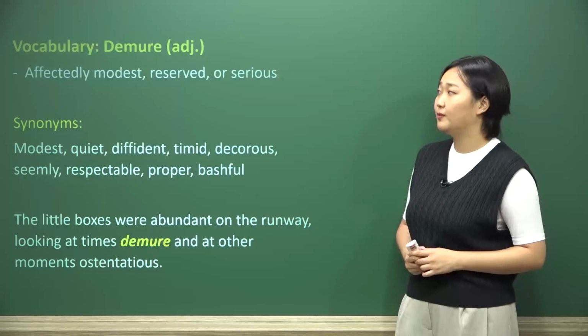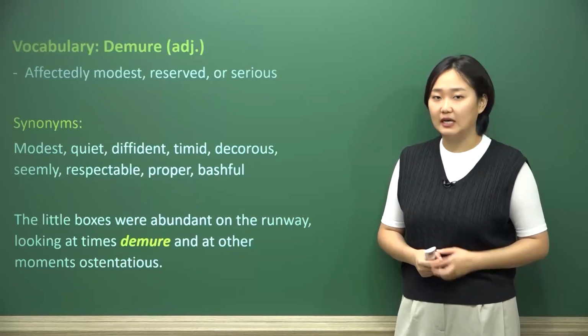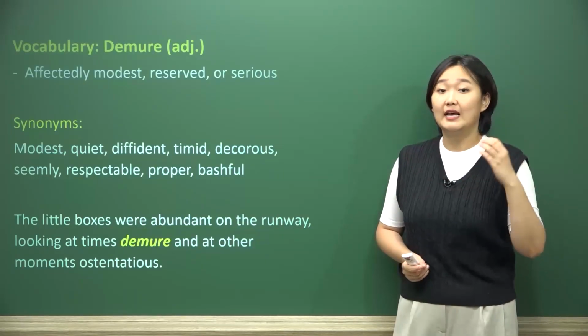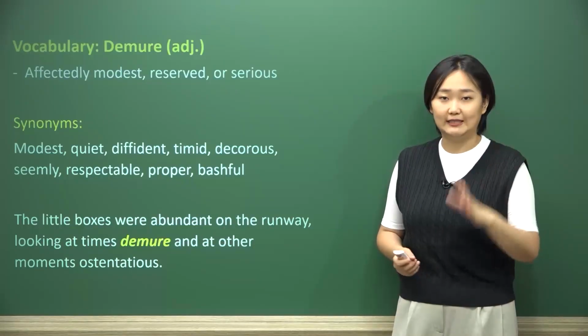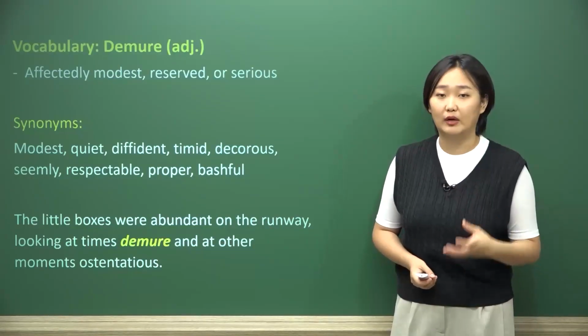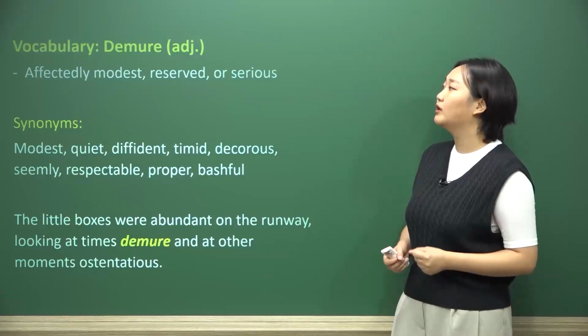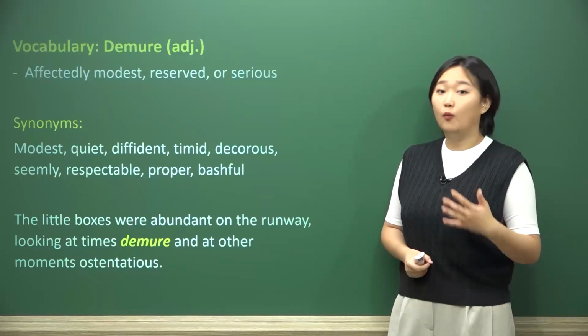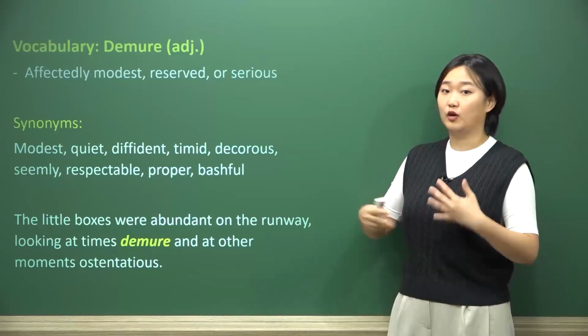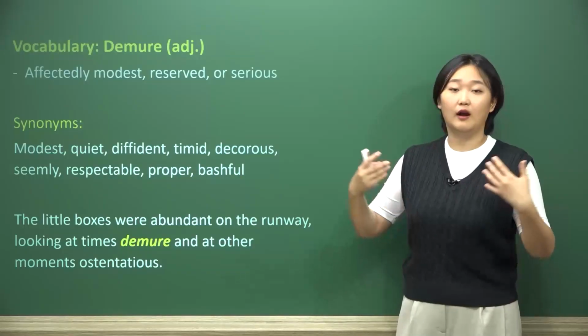But one thing I want to note about the word demure is that oftentimes this is considered a word that has a specific gender or gender identity attached to it, specifically something that is incredibly feminine. Okay, so the word itself is oftentimes used to describe women or people who come off as women, people who are very feminine.